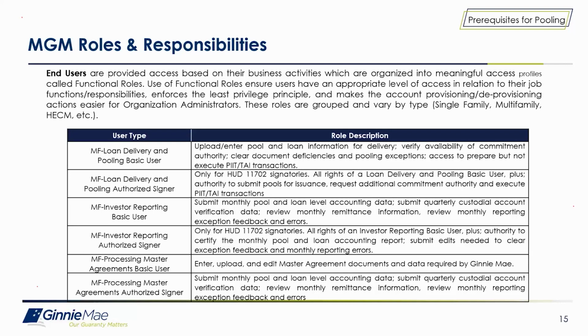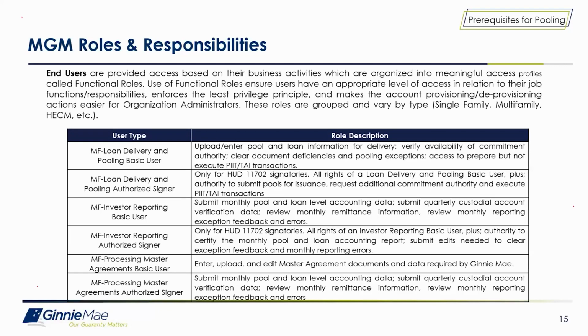Just to talk to you as friends, if you're an authorized signer, you don't have to get the basic user role, because the authorized signer role does incorporate the basic user. So I just want to warn the org admins out there, when you're setting up these users, you don't need to give them both the basic and the authorized signer.